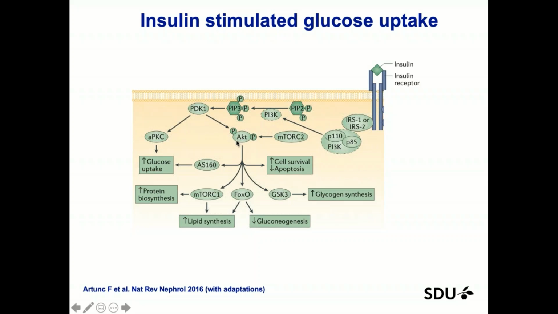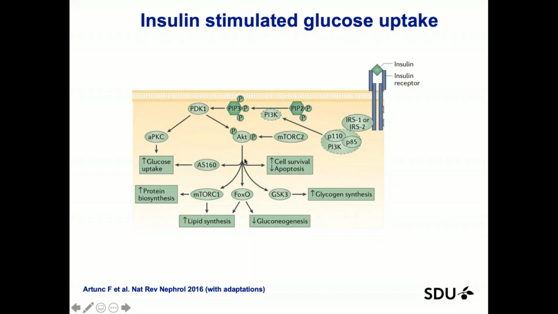PDK1 will phosphorylate AKT, which is the central molecule, a key molecule regulating several important metabolic processes. For instance, downstream to AKT, you will have AS160, which is a key molecule known to be important for the enhanced glucose uptake in the muscle, for instance.